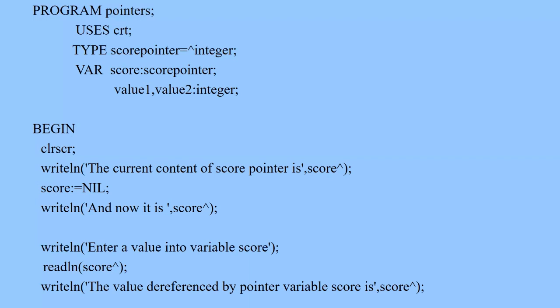This will pick whatever is in the memory location which has been pointed to by the pointer called score, and that is what will be output. Remember, a value has already been stored there, so that value is what will be displayed.